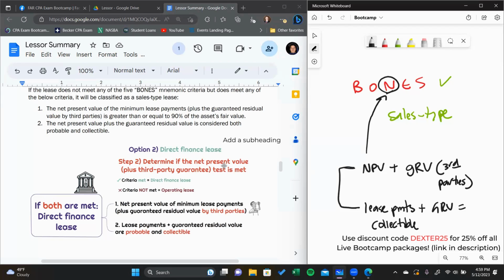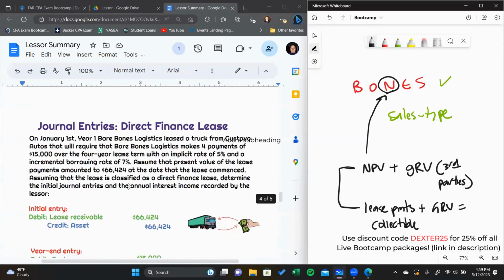If none of them are met, we take a closer look at the net present value test. We add in the guaranteed residual value by third parties. If that pushes the net present value above 90%, then we've met the test for purposes of direct financing and we will apply that method of accounting. Otherwise, we just classify as an operating lease.